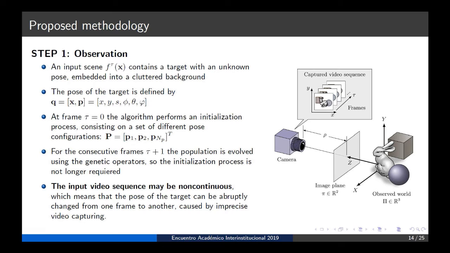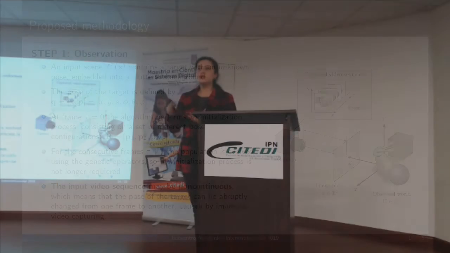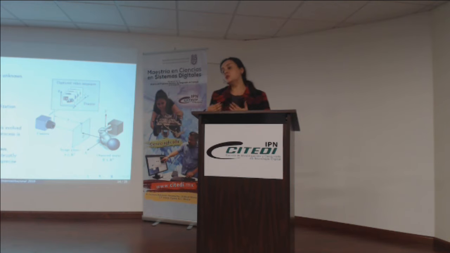Then in the first frame, as you can see, we have an initiation process consisting of a set of different pose configurations. That is, this vector contains a set of different poses because we want to build a filter with each pose and determine which one has the best match.